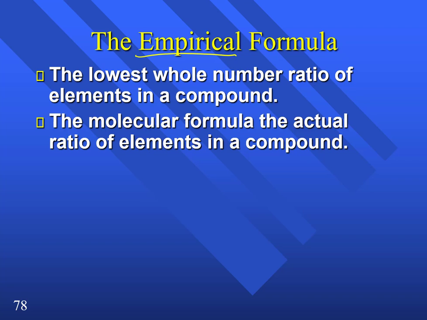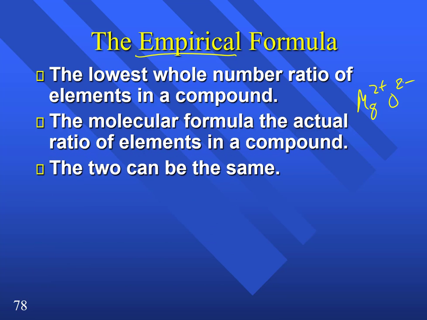When it says Mg2+ and O2-, we don't label it Mg2O2, it's MgO, because it already adds up to 0. Ionic compounds are always the lowest ratio, already. Molecular compounds might be the lowest ratio, they might not. The two can be the same, but they don't have to be.